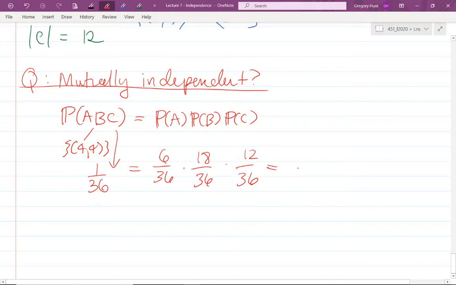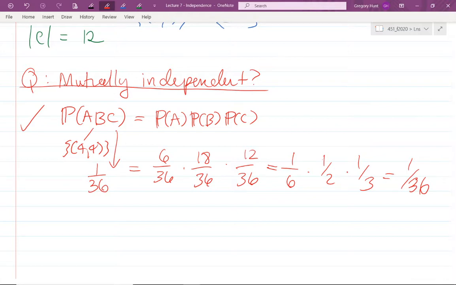That simplifies to 1/6 times 1/2 times 1/3, which is indeed 1/36. So it checks out that the probability of A intersect B intersect C is the product: the probability of A times the probability of B times the probability of C.